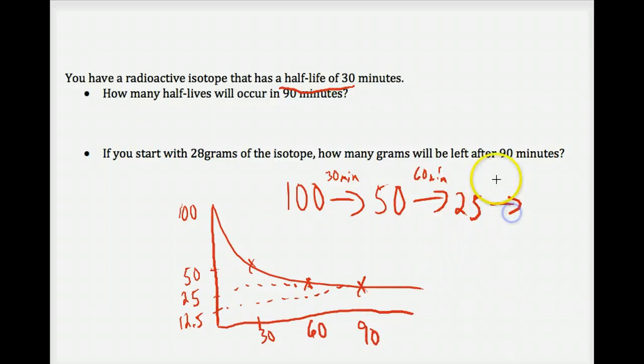The third half-life, 90 minutes, I go to half of 25, which is 12.5. So every 30 minutes, I get divided by half. That's what that means.